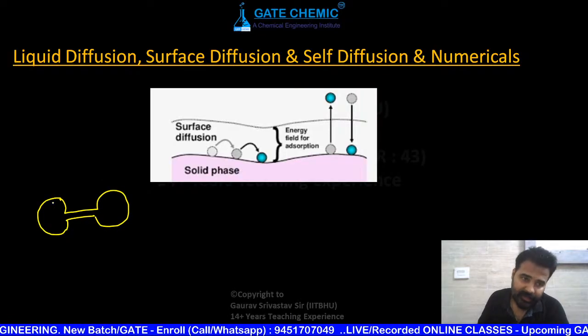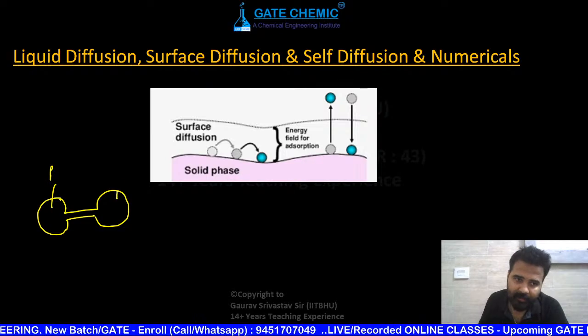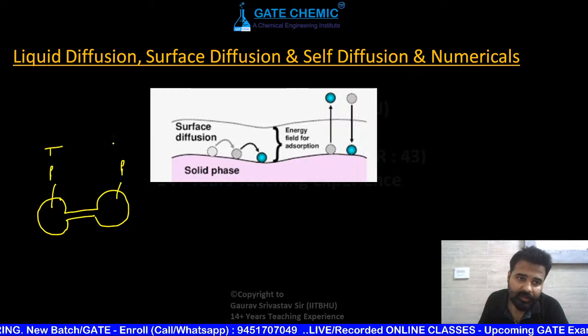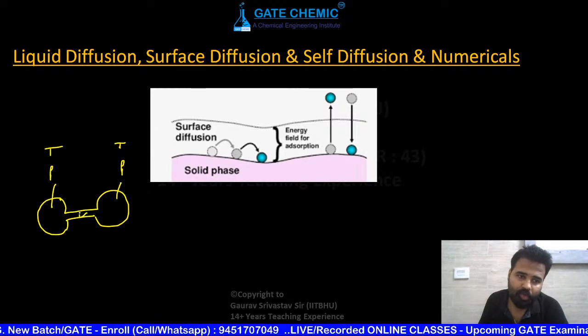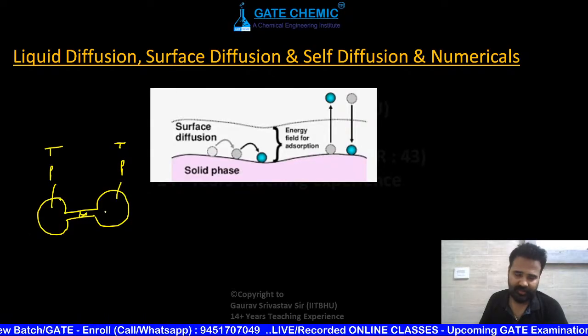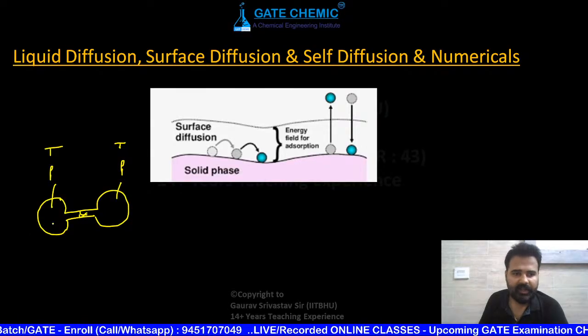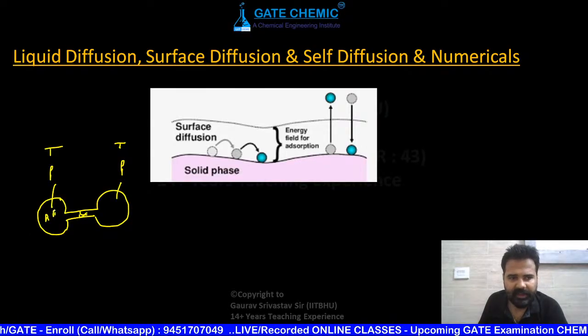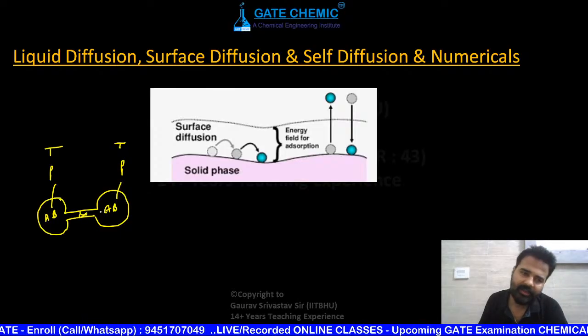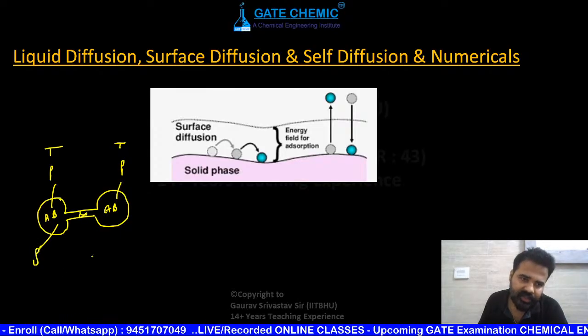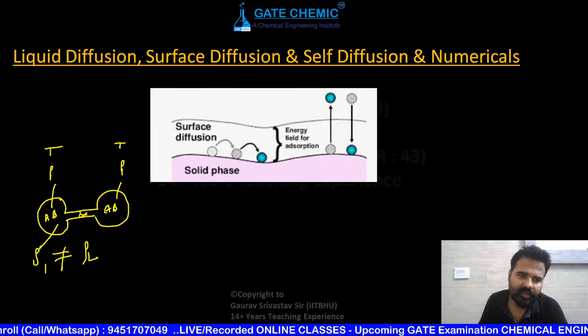Why? In case of gas, total pressure will remain constant, as well as absolute temperature on both sides. But if some liquid is here, liquid A, liquid B, component A and component B in liquid form, then clearly the density here and here is not the same.